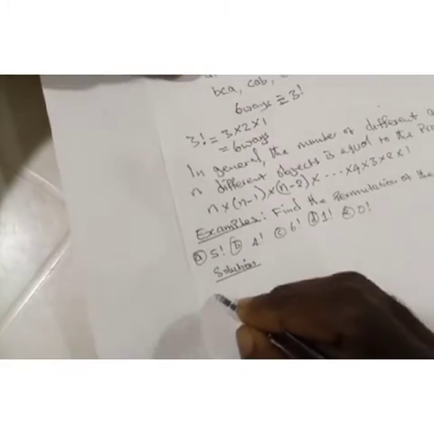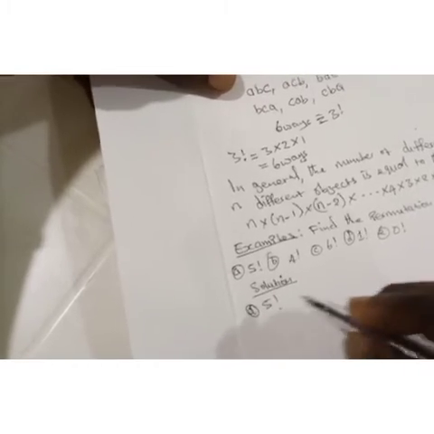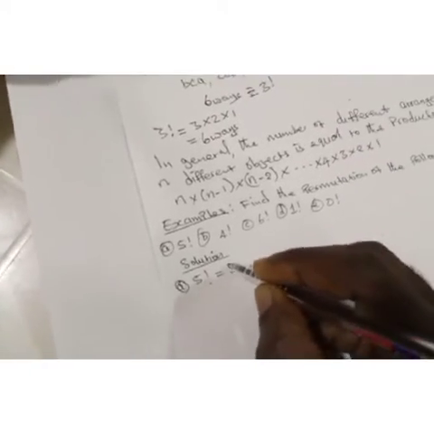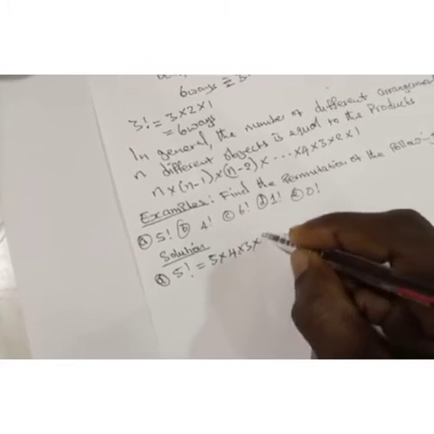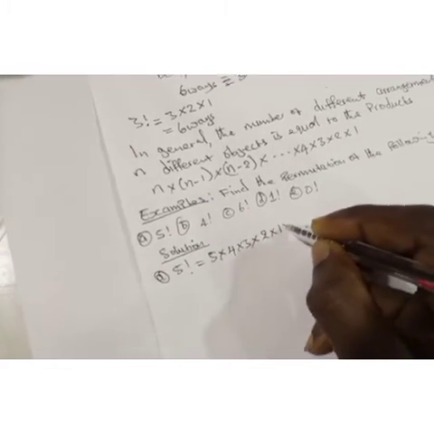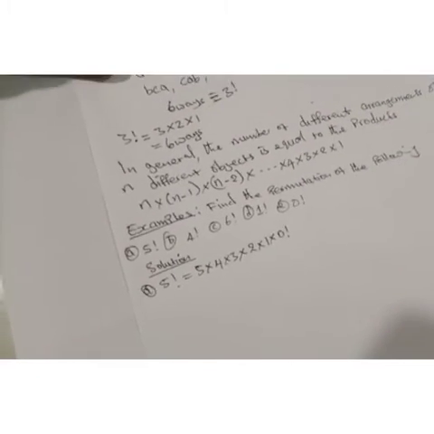Solution of A, when we say 5 factorial, 5 factorial is equal to 5 times 4 times 3 times 2 times 1 times 0 factorial. Okay?